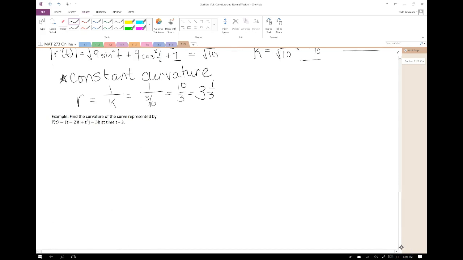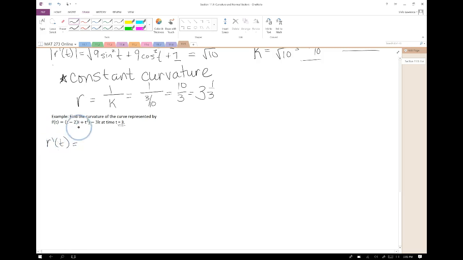So let's try another one real quick. We want to find the curvature of the curve represented by r of t equals t minus 2 i plus t squared j minus 3k at the time t equals 3. And again, I'm going to hold off with my t equals 3 until the end to see if we really need it. So we've got a few calculations we need to do before we can put together the pieces required for this formula.